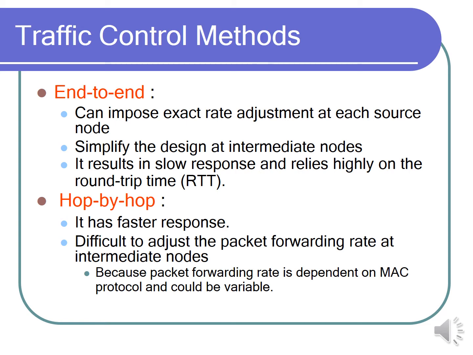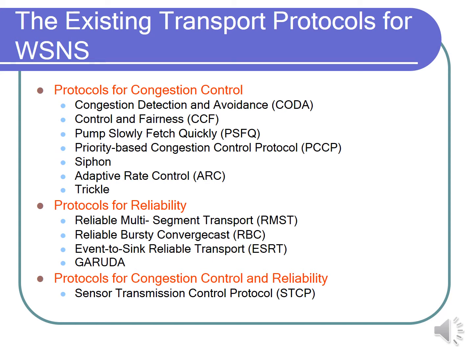and could be variable. The existing transport protocols for wireless sensor networks: protocols for congestion control include congestion detection and avoidance, CODA; congestion control and fairness, CCF; pump slowly, fetch quickly; then priority based congestion control protocol, Siphon, adaptive rate control, then Trickle.